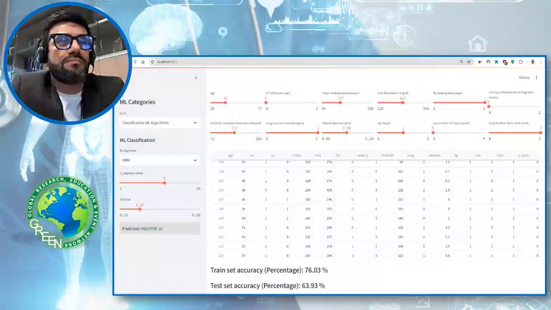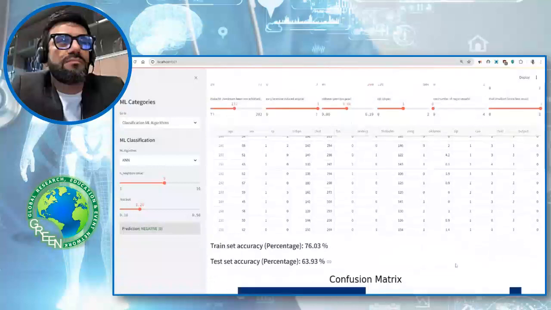If you can feed more than 1,000 real values and real attributes, you can get even more accurate results. As you can see here, very simply, the accuracy comes to around 63%. That is not actually very high in reality. So we have to consider that.